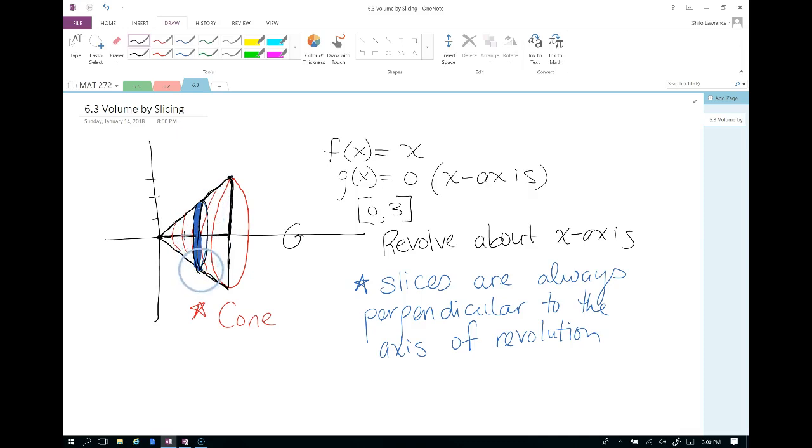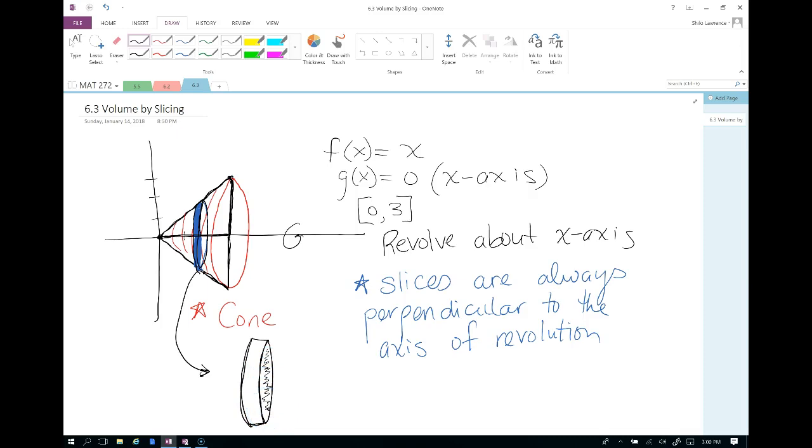And we're going to take just this little slice, and I'm going to draw what it looks like down here. I'm going to draw it a little bit bigger. So the way we have it drawn on the graph, it looks kind of like this. You can see that this face over here looks circular, which is going to be helpful.